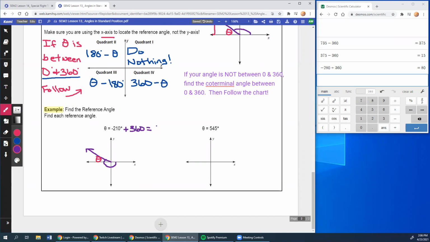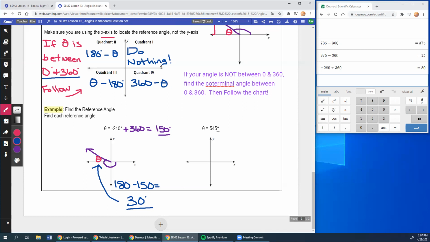So 360 is 150. So now that it's between 0 and 360, now we follow the chart. It's in quadrant 2. So we're going to take 180 minus 150, and it equals 30 degrees. So this reference angle is 30 degrees.